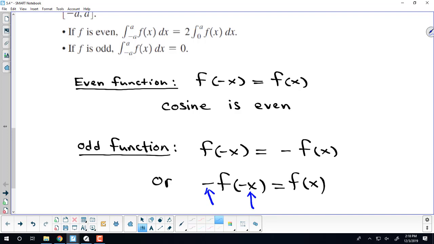So let's write this just as a reminder as well. Even functions are symmetric with respect to the y-axis, and odd functions are symmetric with respect to the origin.